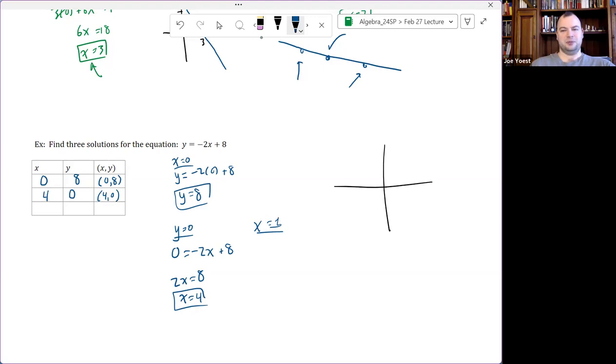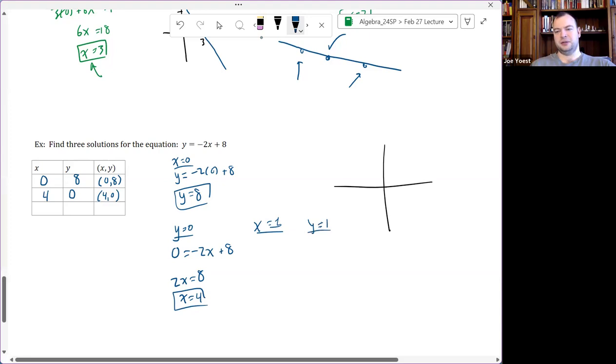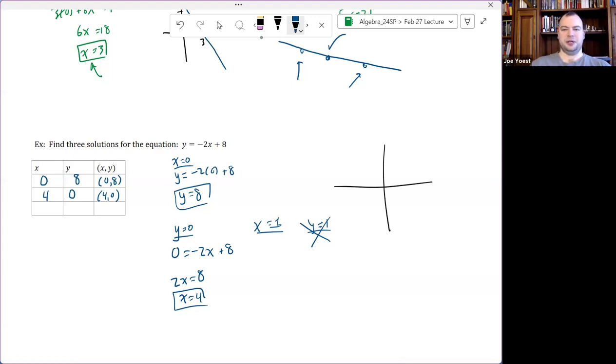I'm just going to get y equals 8 minus 2. If I pick y equals 1, this is going to be kind of annoying to deal with. 1 equals -2x plus 8. What am I going to get? -2x equals -7. X is going to be 7 halves. That's kind of a pain to deal with.